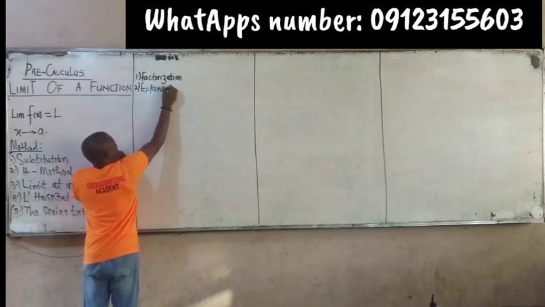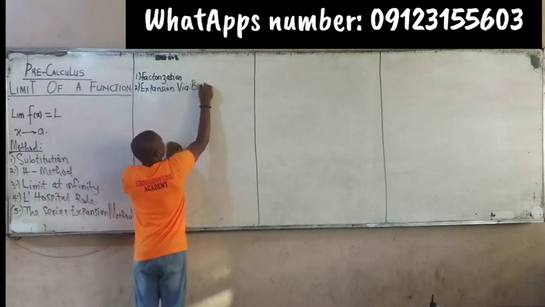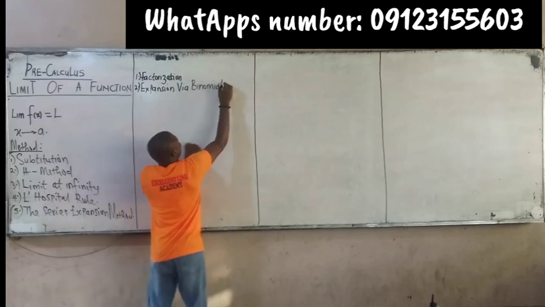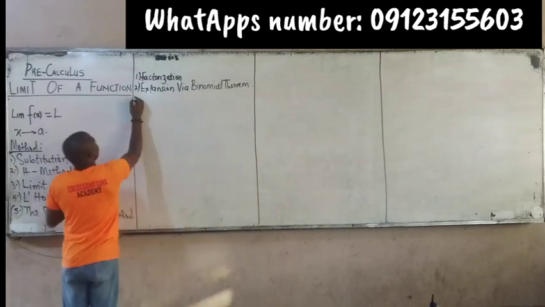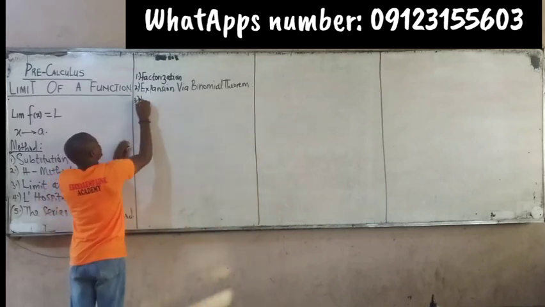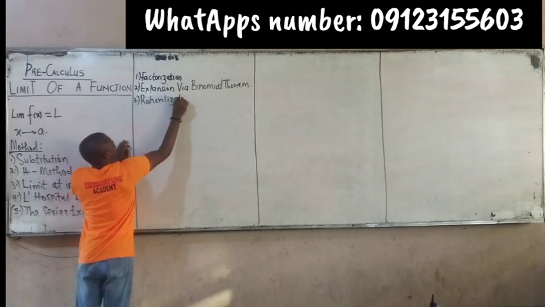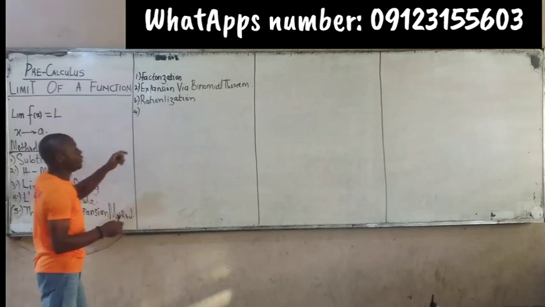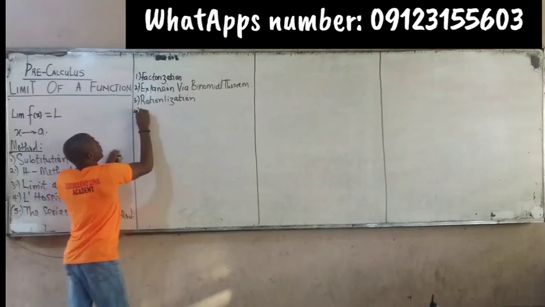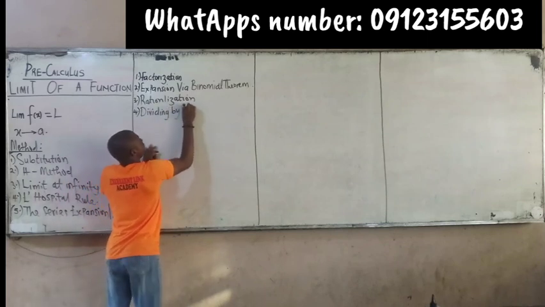We also have rationalization, and finally we have dividing by the highest variable involved.